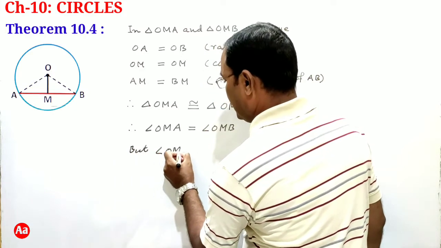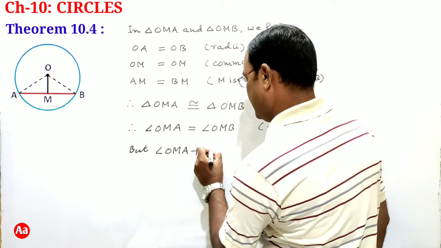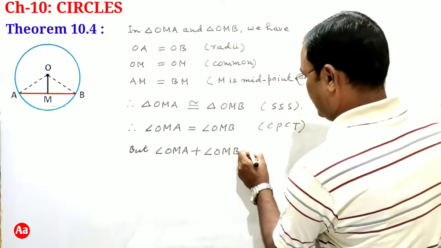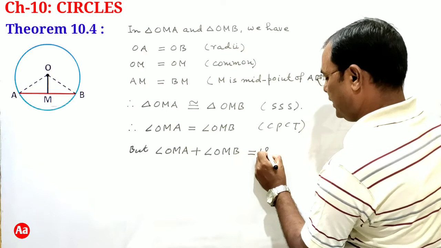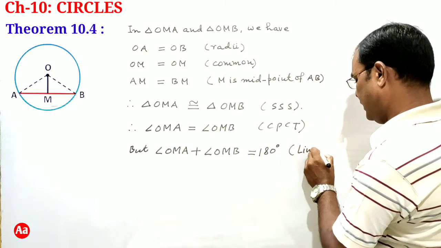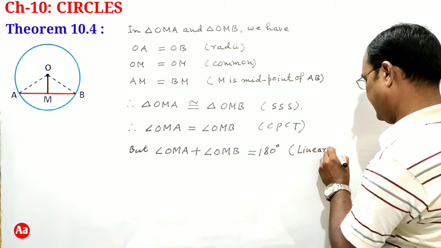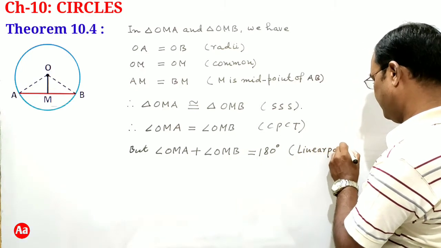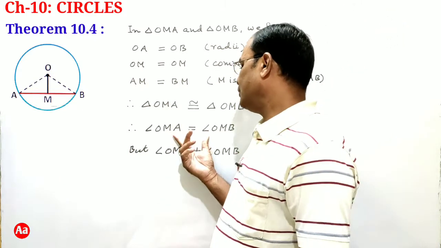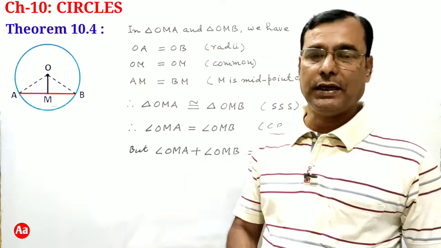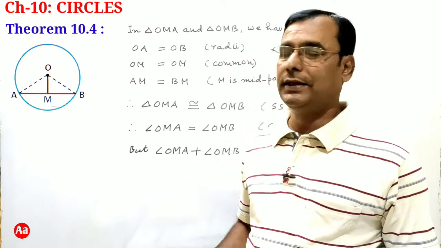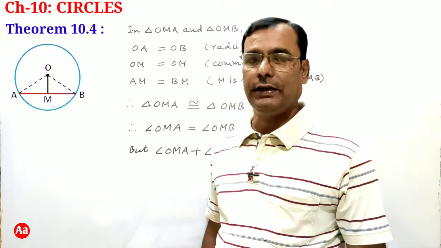Angle OMA plus angle OMB is equal to 180 degrees, as they form a linear pair of angles, so their sum will be 180 degrees. These angles OMA and OMB are equal and their sum is 180 degrees, as they are forming linear pair of angles.